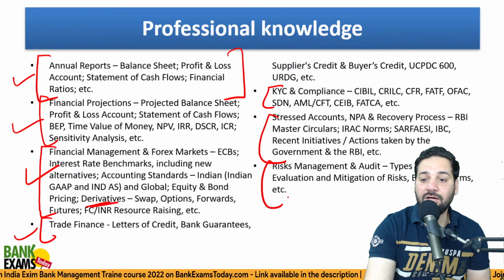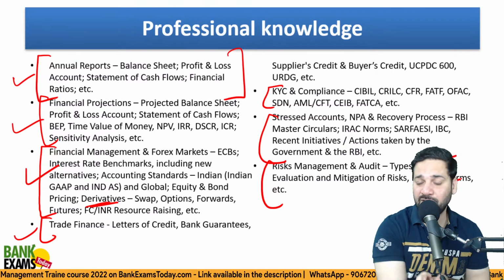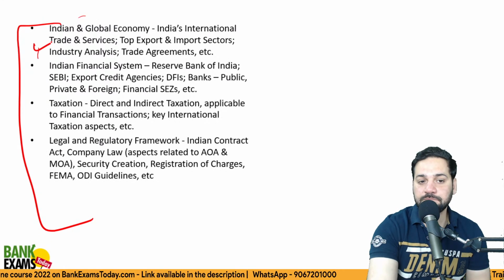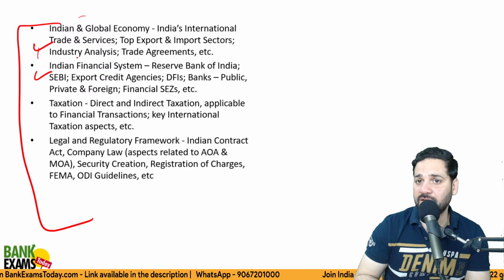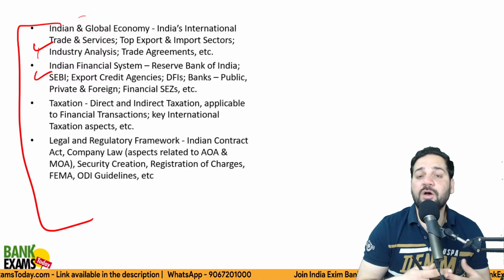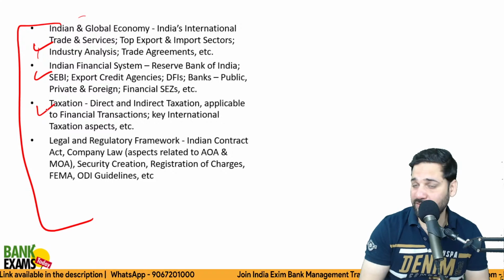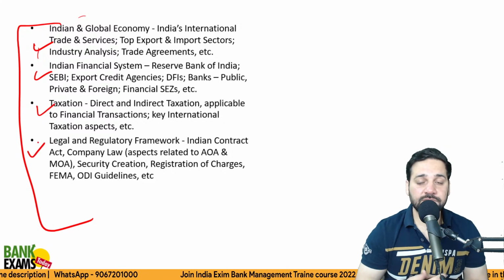Risk management and audit, types of risk, evaluation and mitigation of risk, Basel norms, okay? Indian and the global economy, Indian financial system, how it works, various financial institutions in India, RBI, how SEBI works, taxation, direct and indirect taxes applicable to financial transactions, legal and regulatory framework.